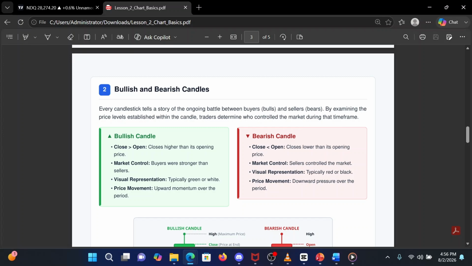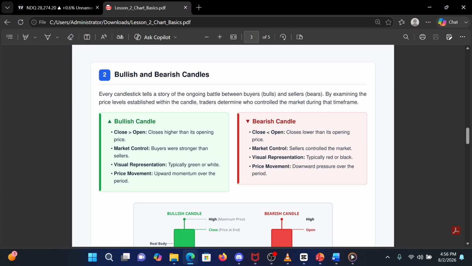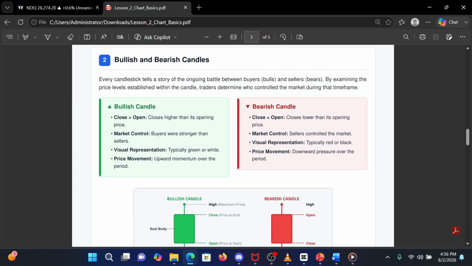A bullish candle closes above where it opens, higher than its opening. This shows that buyers are stronger than sellers in the market. The candle is always green or blue, and some people use white. The price movement is always upward, not downward.